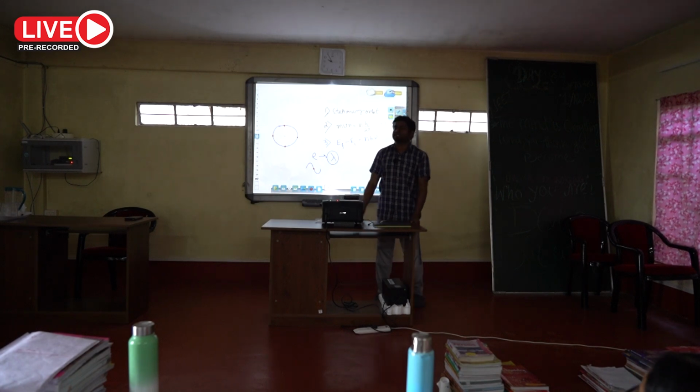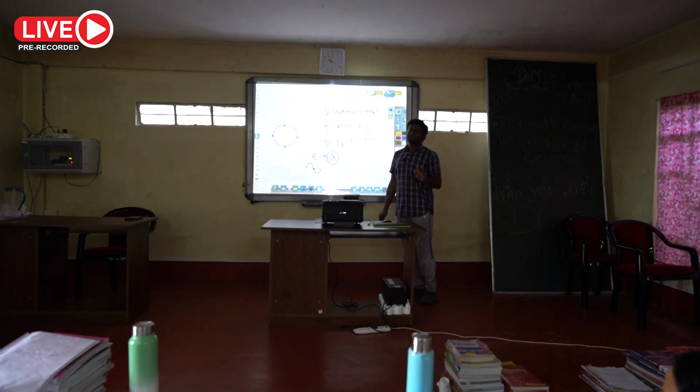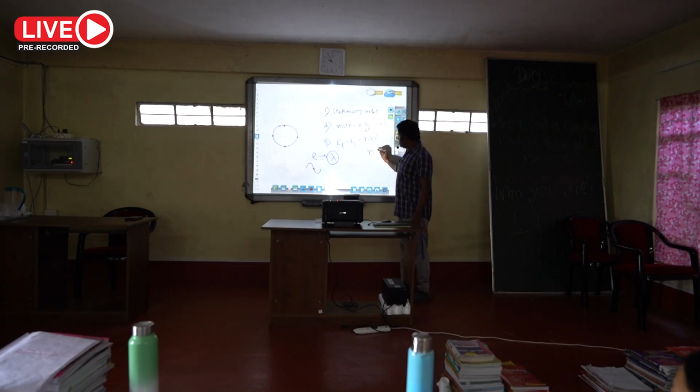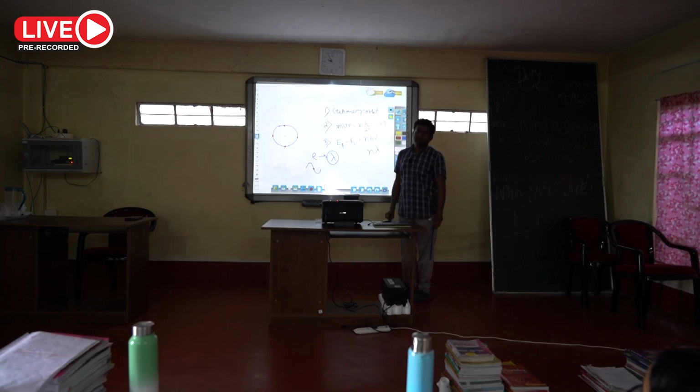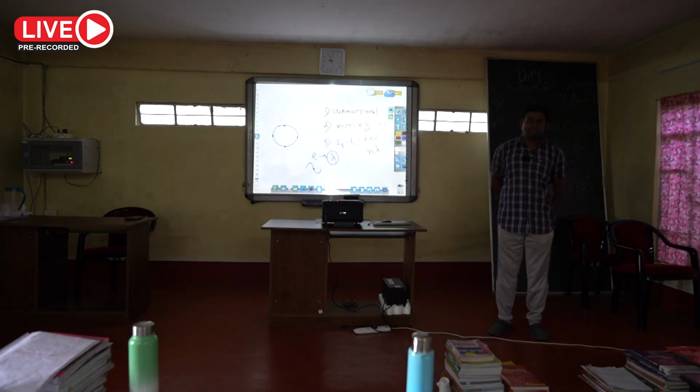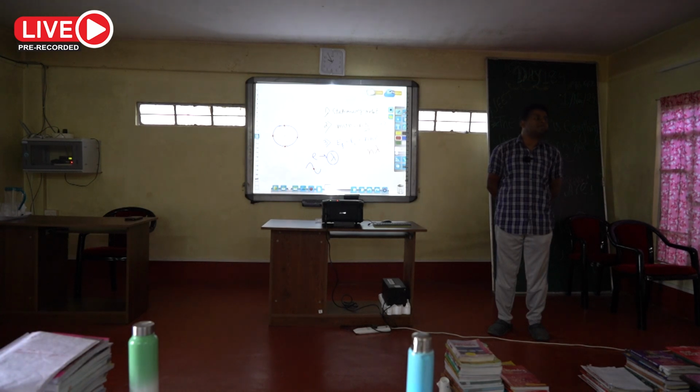So Bohr considers that if in an orbit there are n electrons, then n lambda will be the length occupied by the electron waves. N lambda will be the length occupied by electron waves.